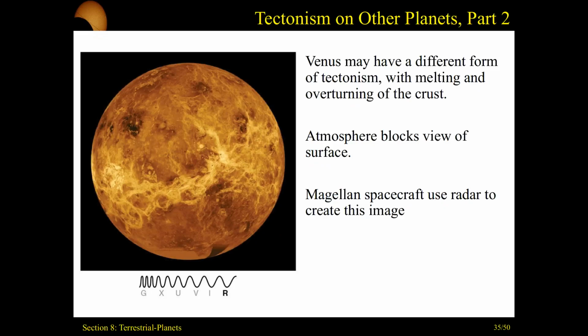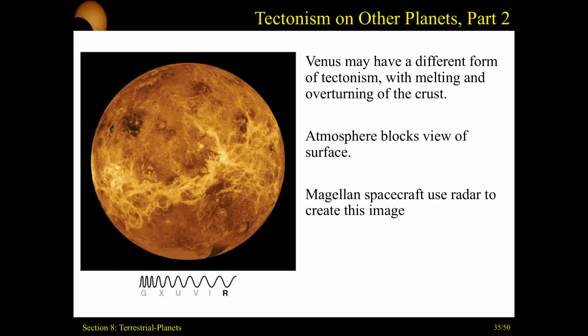Now, coming over to Venus, we suspect there's a different type of tectonism there, and it's a problem of the crust melting and bubbling over due to the high temperatures on Venus. It's hard to tell because Venus's atmosphere is so thick that we had to find other ways to image it.